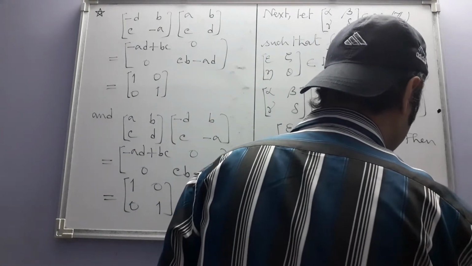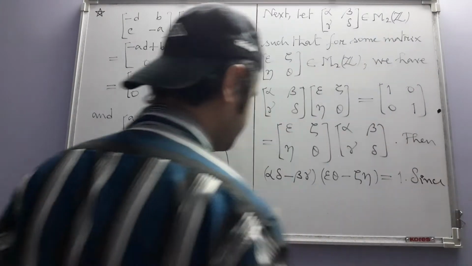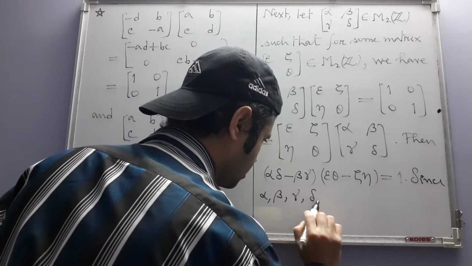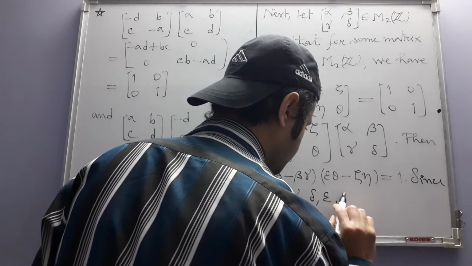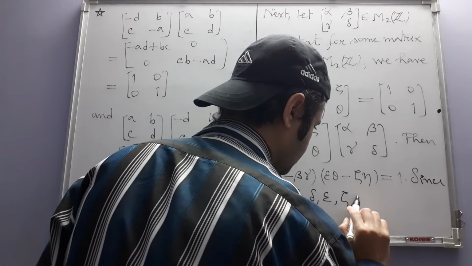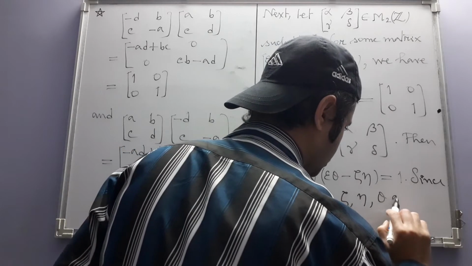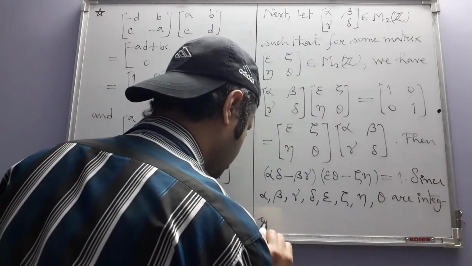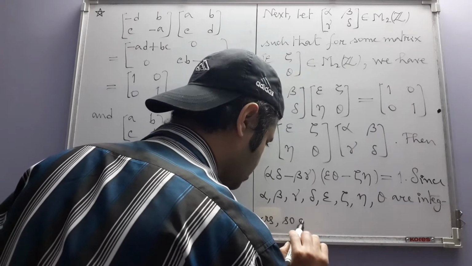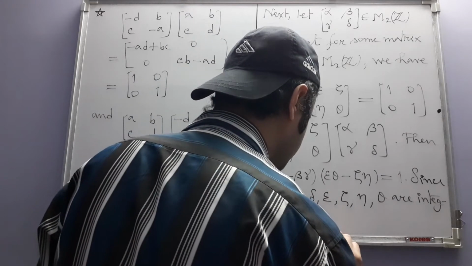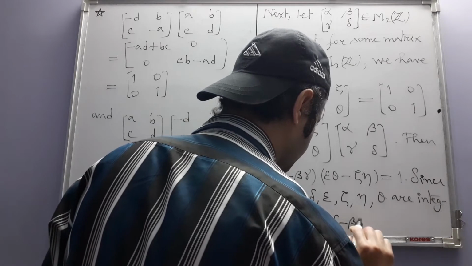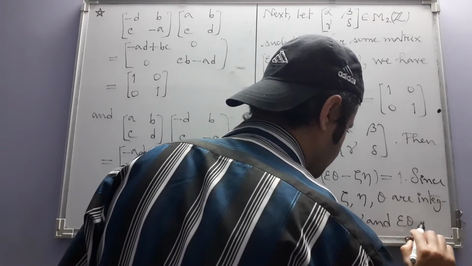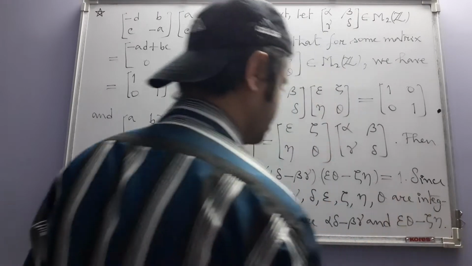So we are going to write like this: since alpha, beta, gamma, delta, epsilon, zeta, eta, theta are integers, so are these two, alpha delta minus beta gamma, and epsilon theta minus zeta eta.